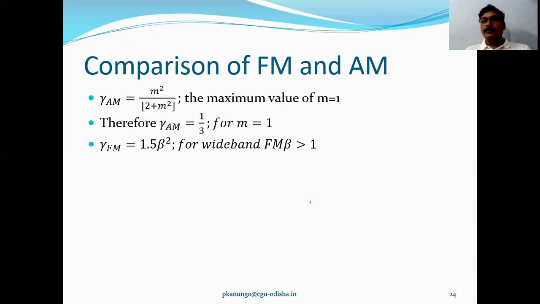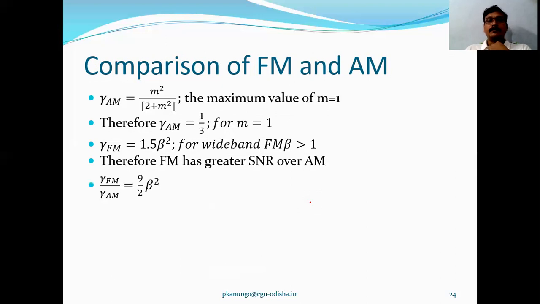And for wideband FM, beta is naturally greater than 1, so it will be much greater than 1.5. Therefore, FM has a greater SNR than AM, and the ratio of figures of merit, gamma FM by gamma AM, is equal to 9 by 2 beta squared, or 4.5 beta squared.